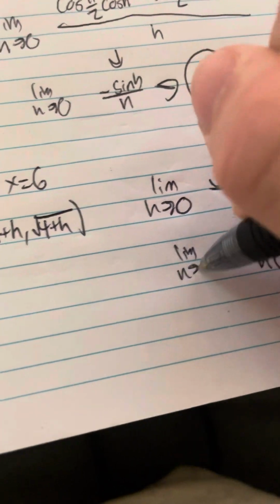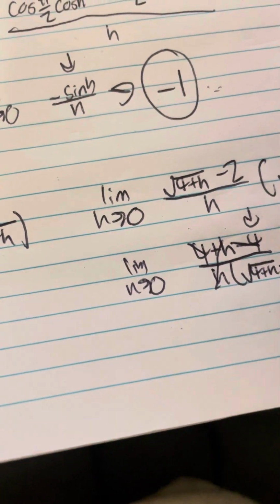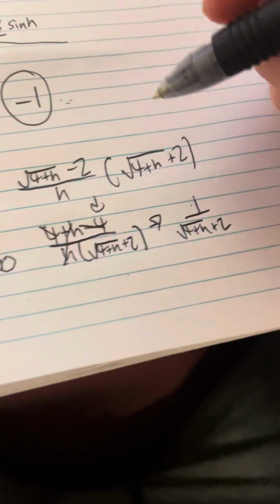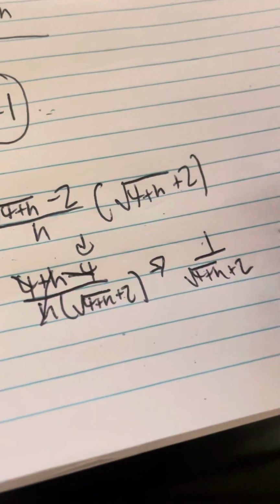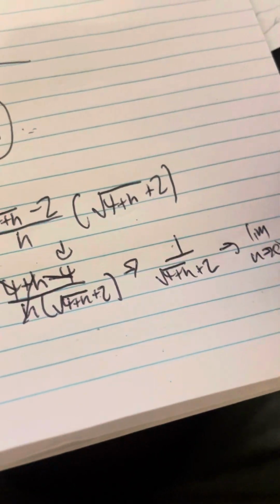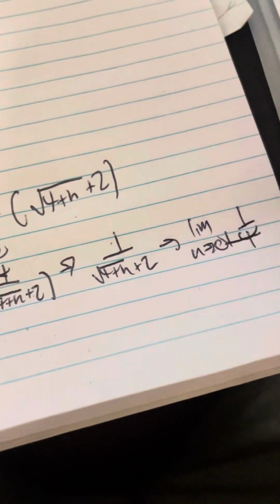And then what we do next is we can cross out the 4 and the -4 and the h's. So what we're left with is 1 over square root of 4 plus h plus 2. So then we plug in our 0, and our limit as h approaches 0 will be 1/4, so that will be the slope, 1/4.